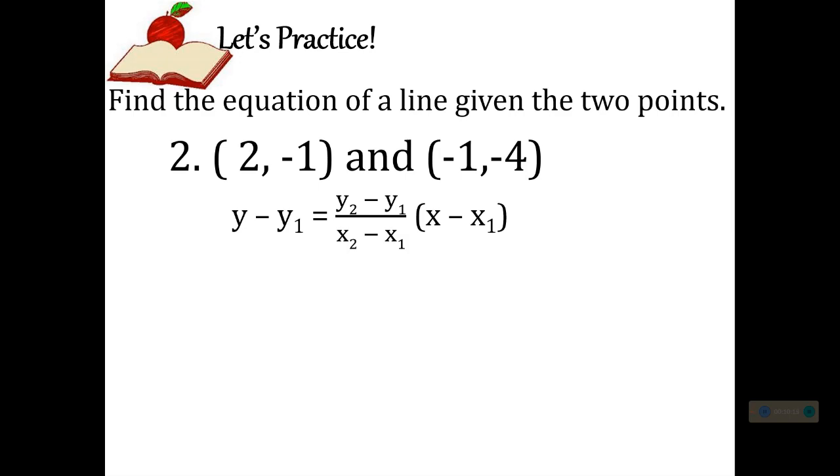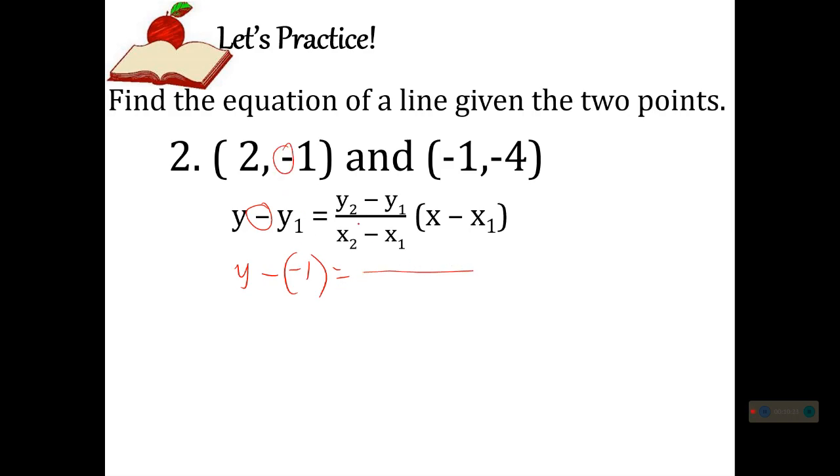Okay, so substitute again. So we have here y minus y sub 1 is -1. So you are going to enclose it in parentheses because again your minus here is from our formula. So your negative sign here is from our given.